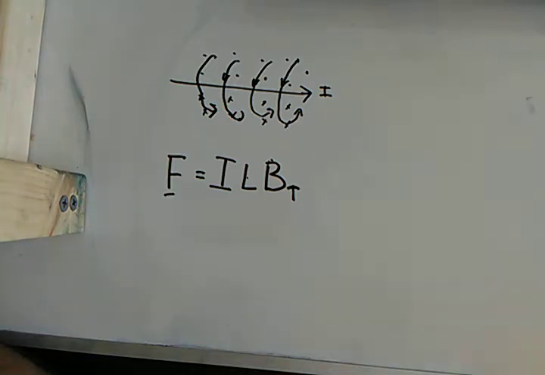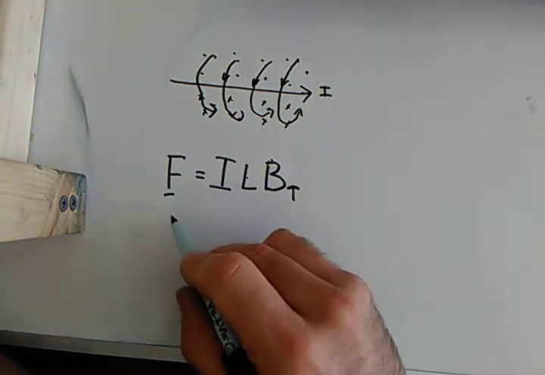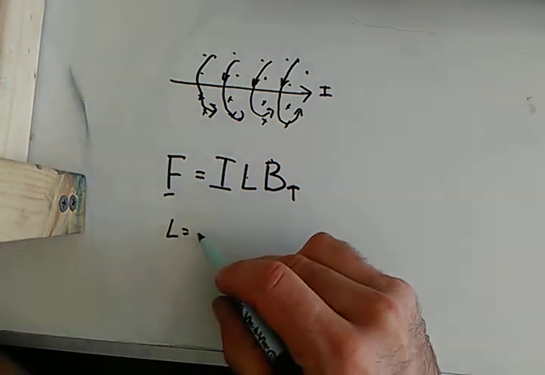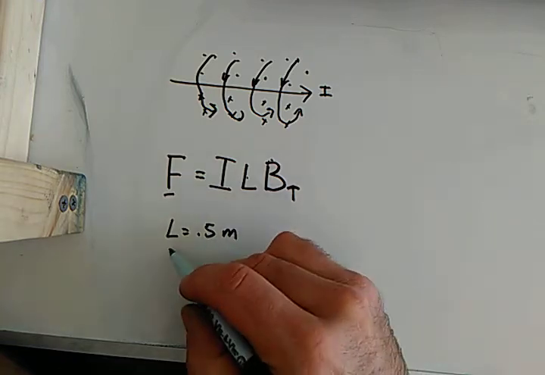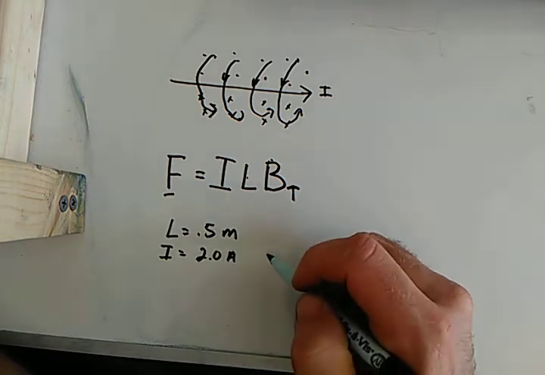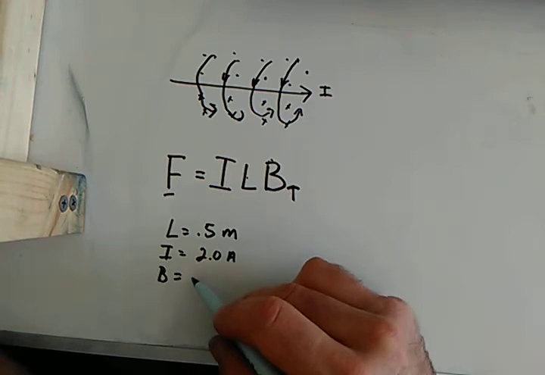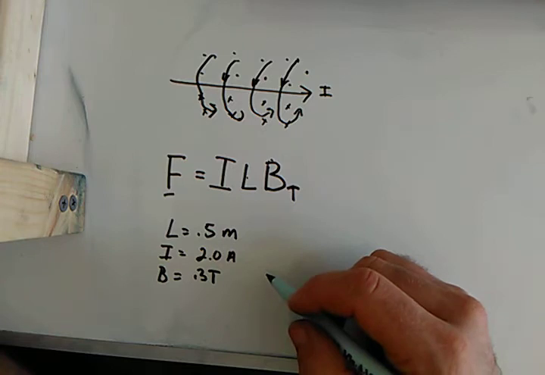I'm looking at one of the questions on the notes, and it says a length of wire that's 0.5 meters carries a current of 2.0 amps in a direction perpendicular to a 0.3 Tesla magnetic field.